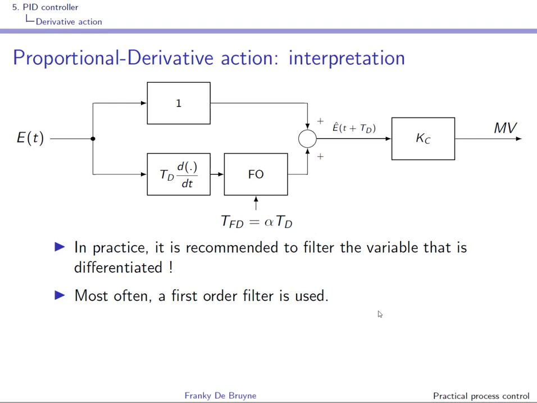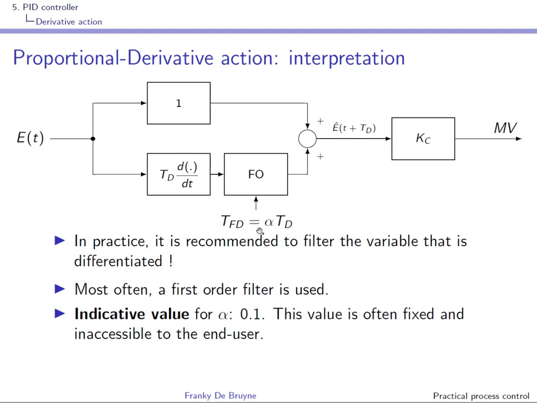This first order filter comes with a time constant, and we'll write the time constant of this filter that will filter the derivative action as alpha times the derivative time constant, right? Typically this value of alpha is in the neighborhood of 0.1, but I consider 0.1 to be rather low, so you should probably increase this value to 0.5 or even 1 in some situations.